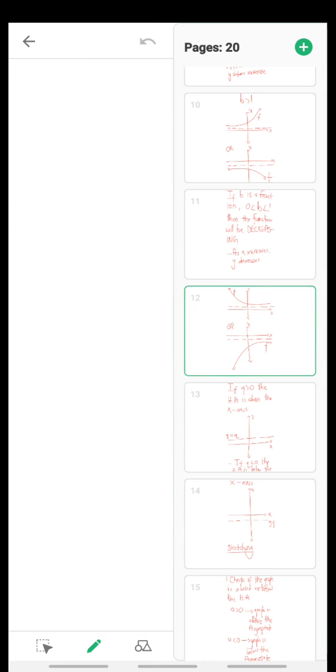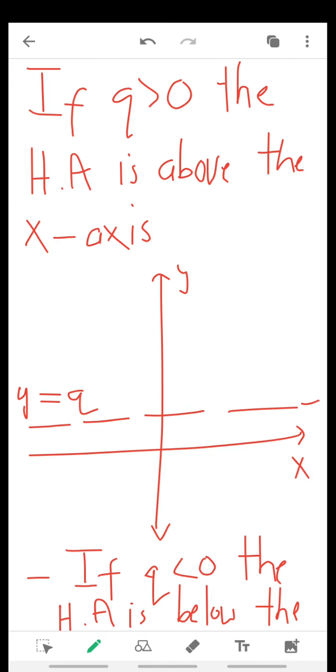Now, let us come to the function of q. Q, okay, we said is the horizontal asymptote. So if q is positive, meaning if the horizontal asymptote is positive, then it will lie above the x-axis.